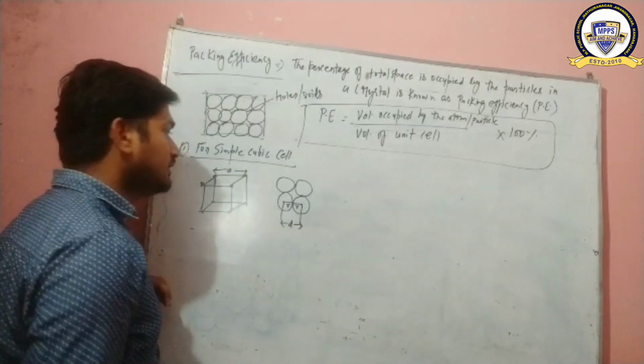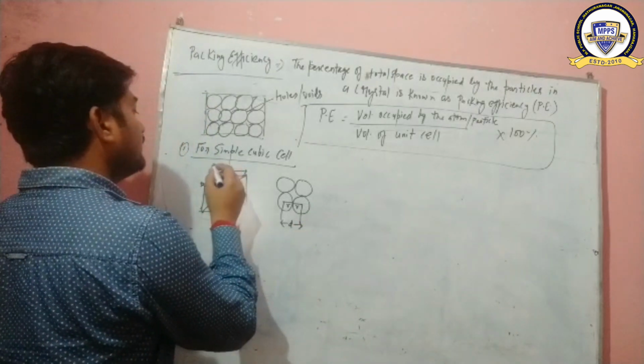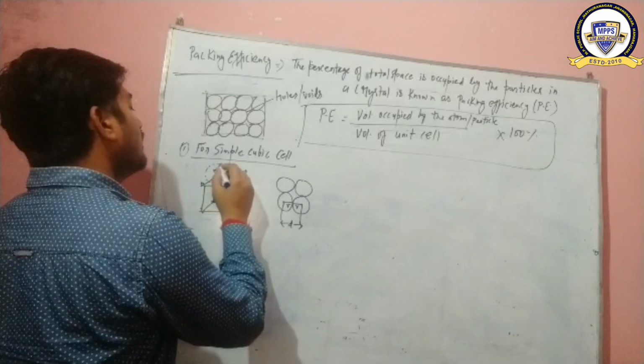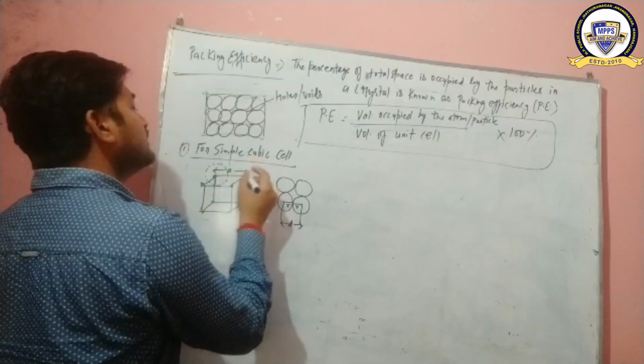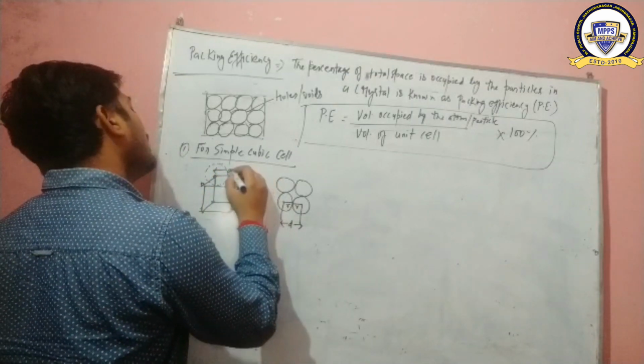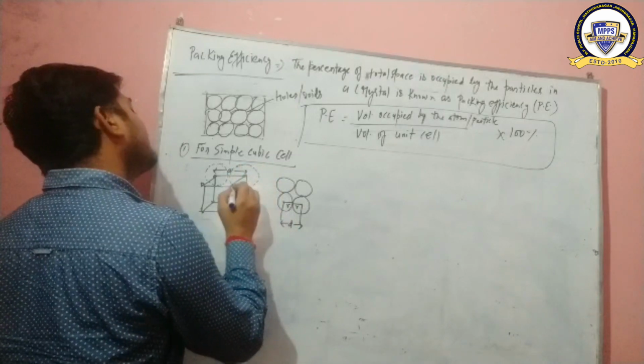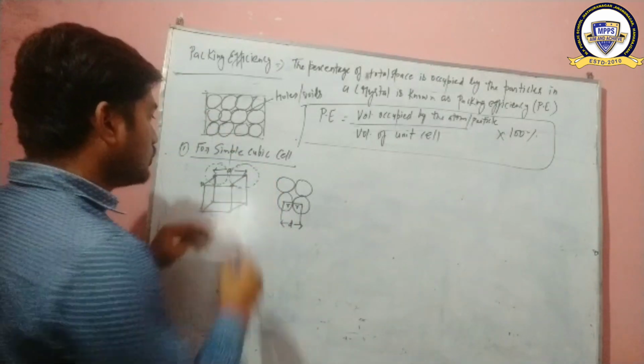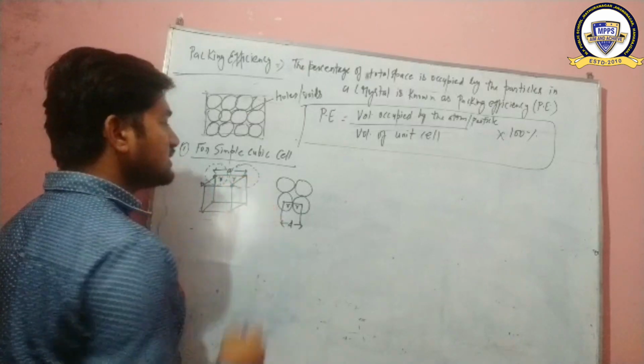So if we consider these particles present like this, this one is r and this one is r.